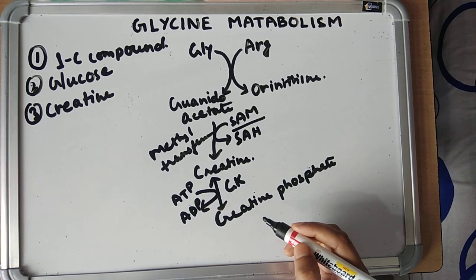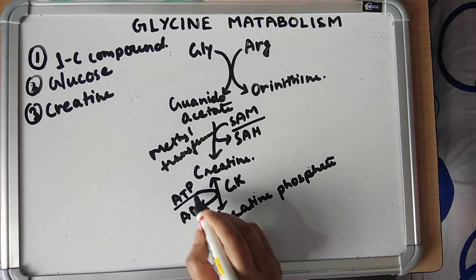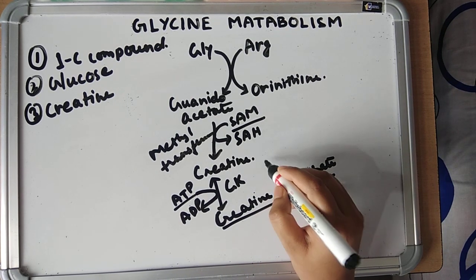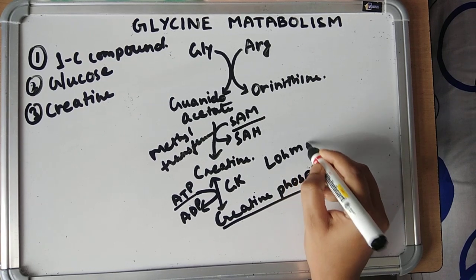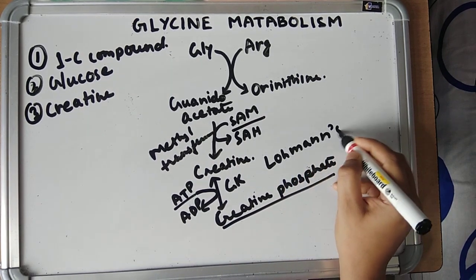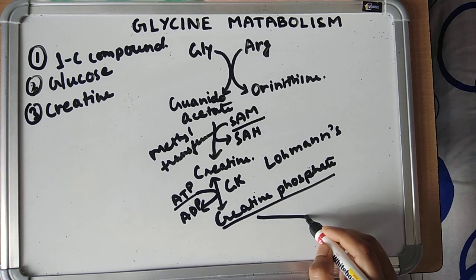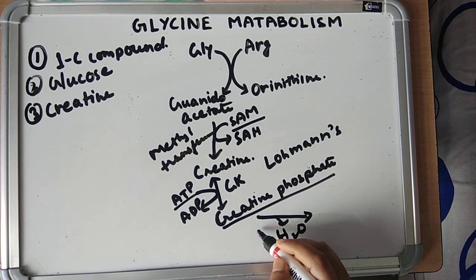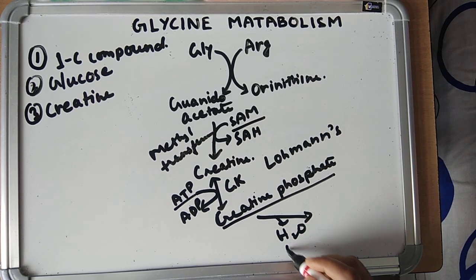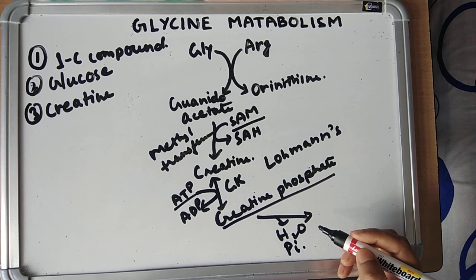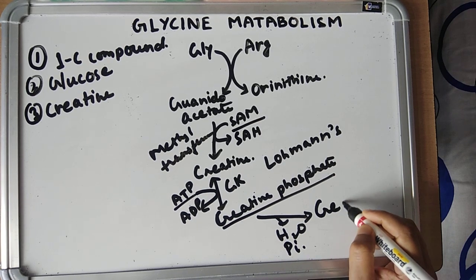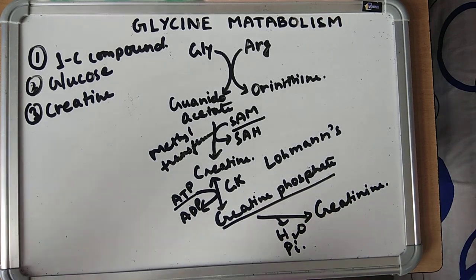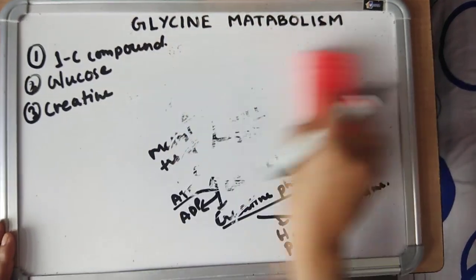So in our cells we can generate ATP from creatine phosphate by this reaction, which is known as Lohmann's reaction. Creatine phosphate undergoes spontaneous dehydration to form creatinine. Okay, so this is formation of creatine phosphate and creatinine.